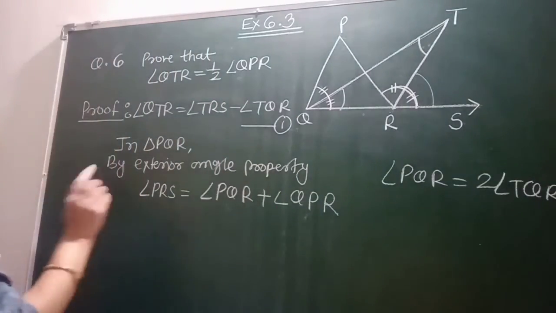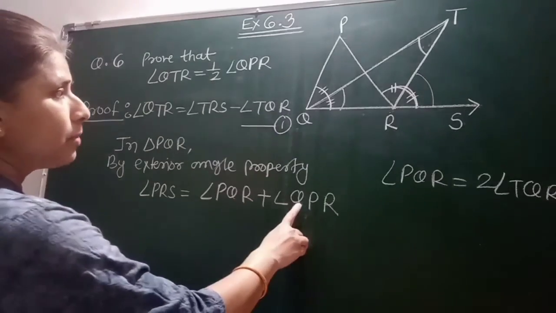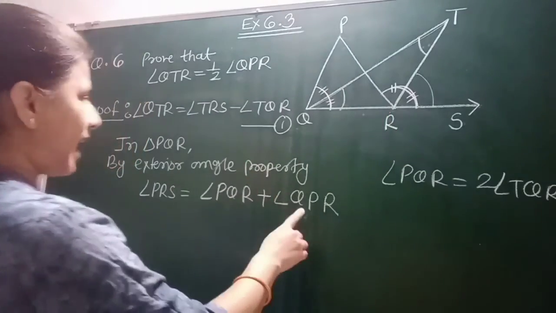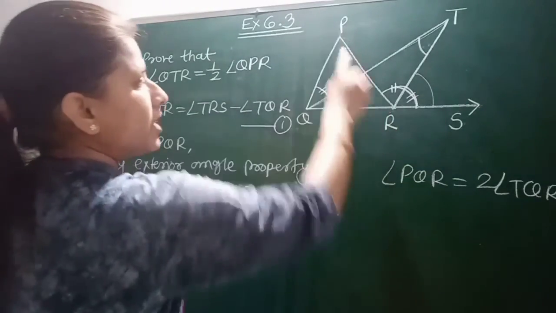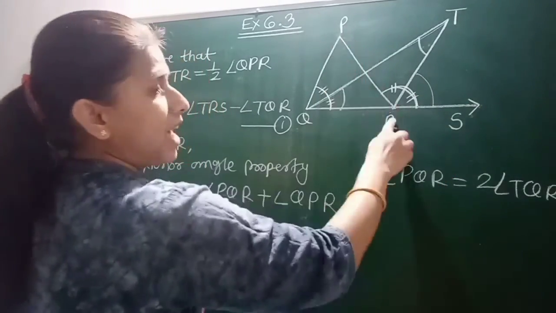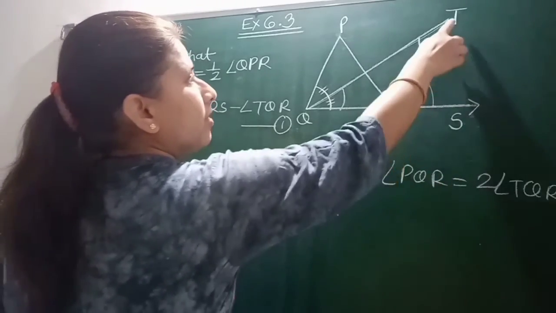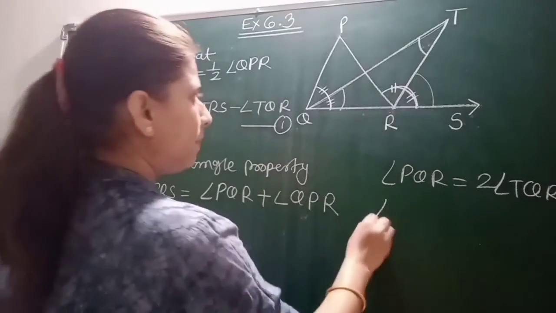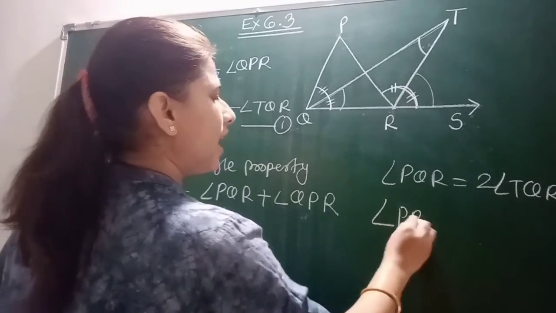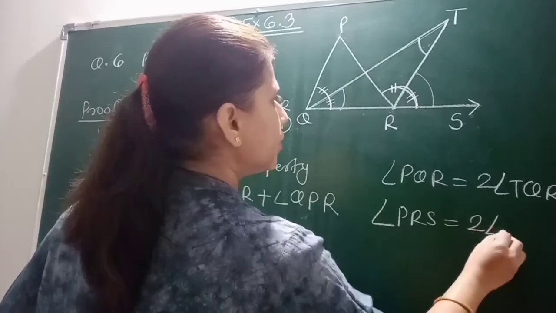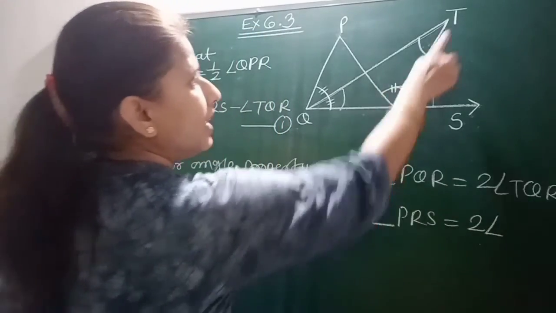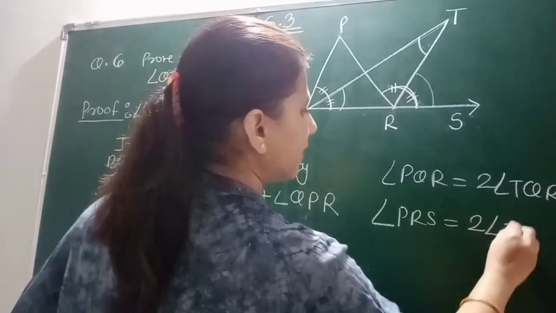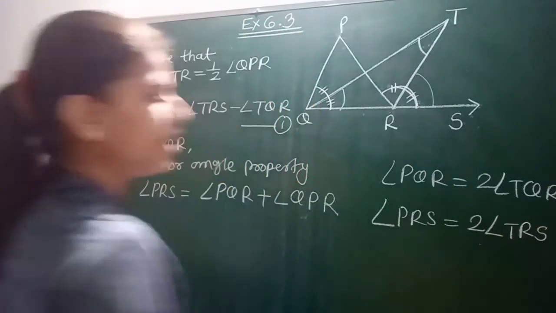Similarly, QPR stays as it is, but in place of PRS, TR is the bisector of this angle. So in place of angle PRS, we can write twice angle TRS, because these two angles are equal to each other.